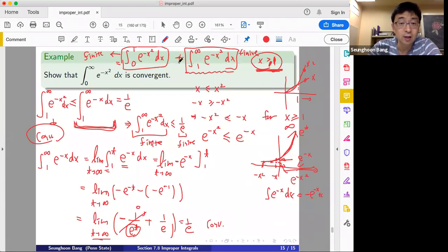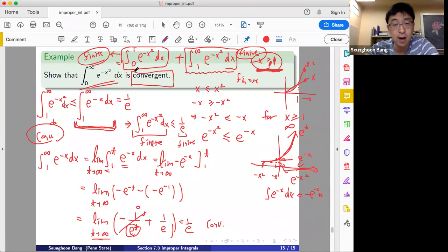You can add two things, so this is a finite number plus a finite number, also a finite number. So what's the answer? The improper integral is convergent by using the comparison theorem. The comparison theorem is the whole idea for solving this problem.